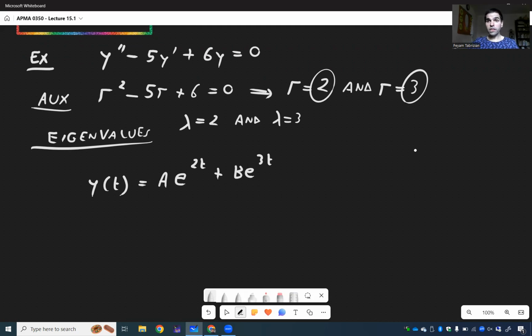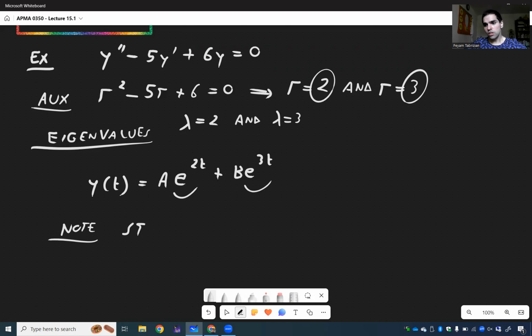Now, the important thing to understand is that for us, there is no difference between a e to the 2t plus b e to the 3t and simply e to the 2t and e to the 3t, in the following sense.